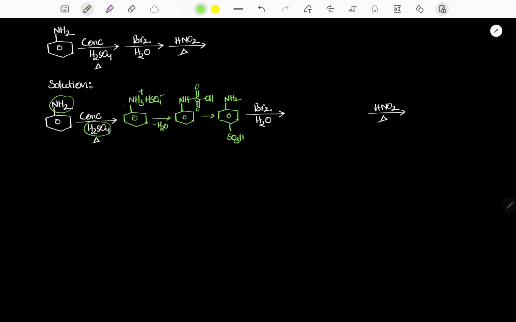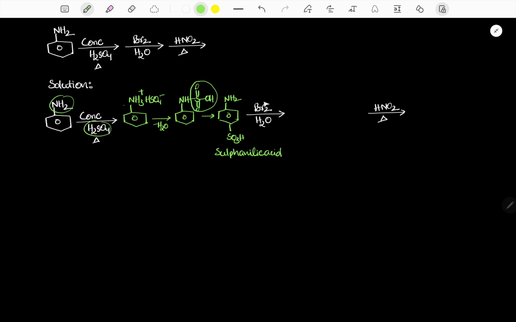So here this is the electrophile, which migrated to the para position. This compound's name is sulfanilic acid.